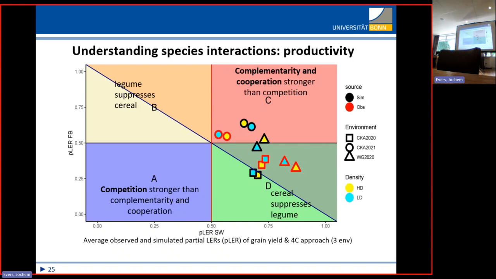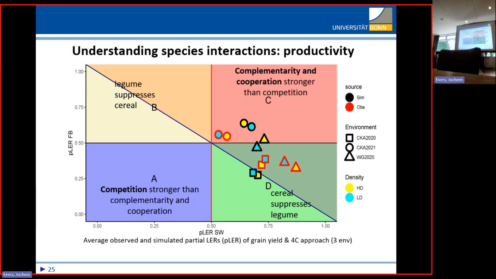Do you expect that you see the different densities of the simulation clustered together? For example, for Altendorf 2021, the simulated densities cluster more closely together, and the observed densities are closer together, and not the pair of simulated and observed for the same density. Would you rather expect that, for example, for the high density, the observed and simulated are closer together?